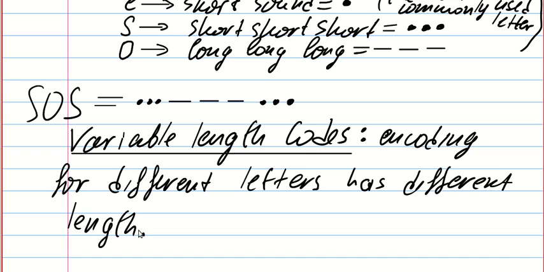That's the idea of the variable length code. So we talked about one way of using it, that was Morse code.